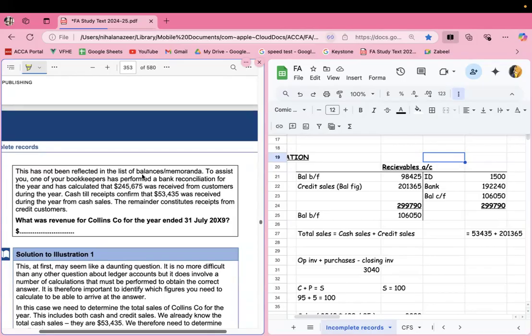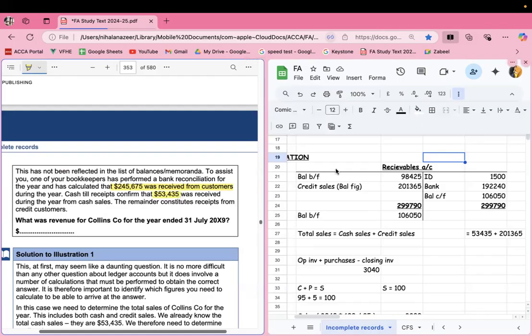This had not been reflected in the list of balances or memorandum. To assist you, one of your bookkeepers performed a bank reconciliation for the year and has calculated that $245,675 was received from customers during the year, right? Okay, and the cash receipts that you have confirmed is 53,435. Clear?